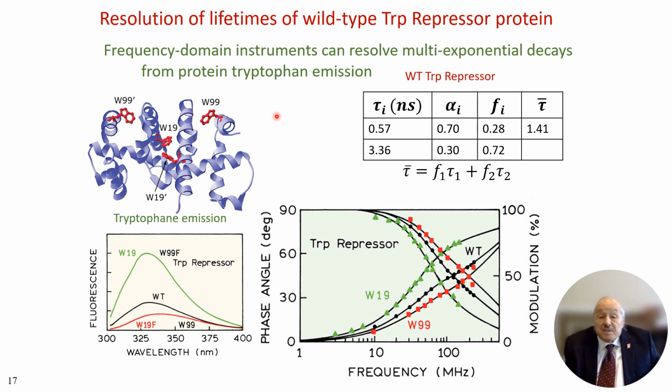Let's say we use this approach for this trp repressor protein, looking just at the wild type protein.